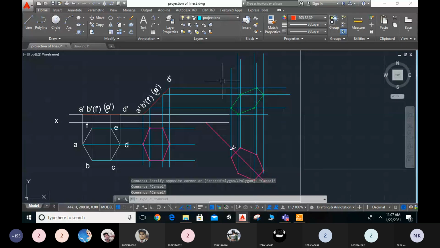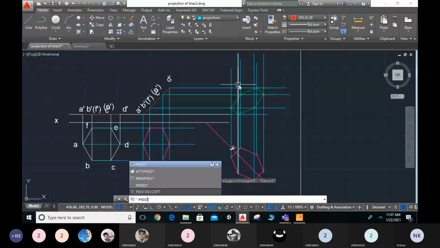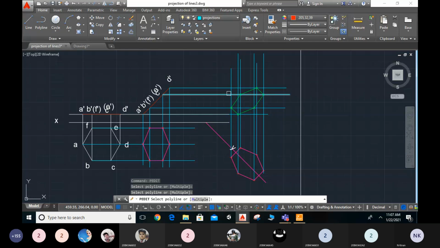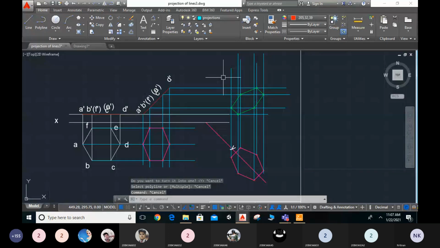Our final length, and P edit, I will select P edit. Enter, and select the polyline. I will select this one. First of all, we have to merge it, make it into polyline.